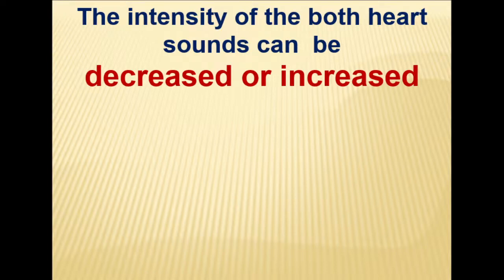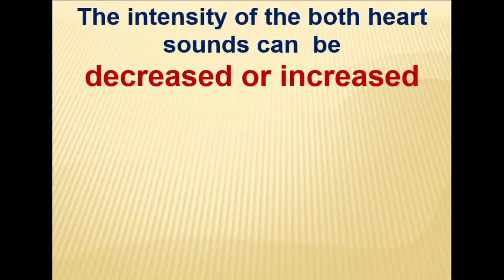As a result, the correlation between first and second sounds at different points will be normal. Over the heart apex and xiphoid process, the first sound will be heard louder. Over the heart base, the second sound will be heard louder, but both sounds will be heard badly. Or maybe the opposite, very easily heard.